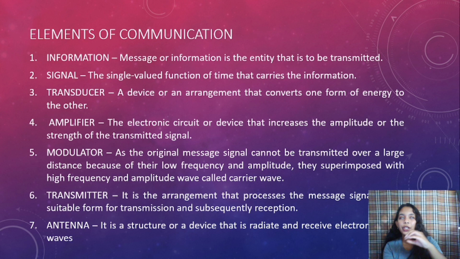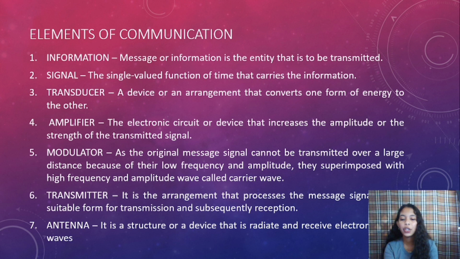So this phenomenon of superimposing of message signal with a carrier wave is called modulation. And the resultant wave is modulated wave which is to be transmitted. There are three types of modulation: the amplitude modulation, frequency modulation, and phase modulation.